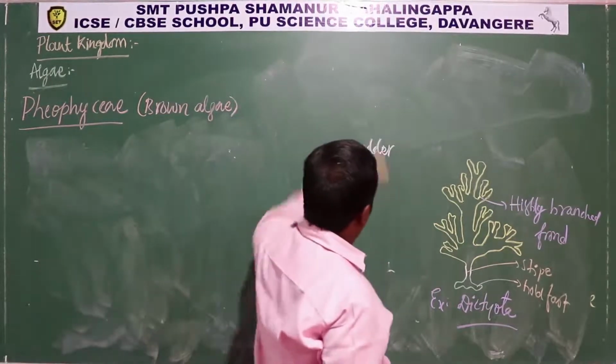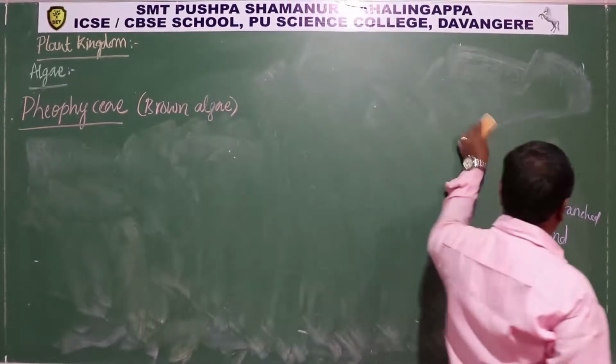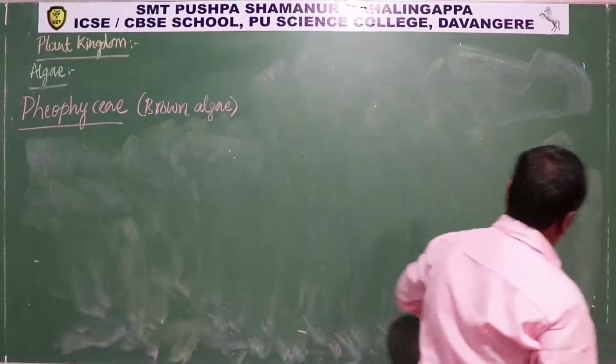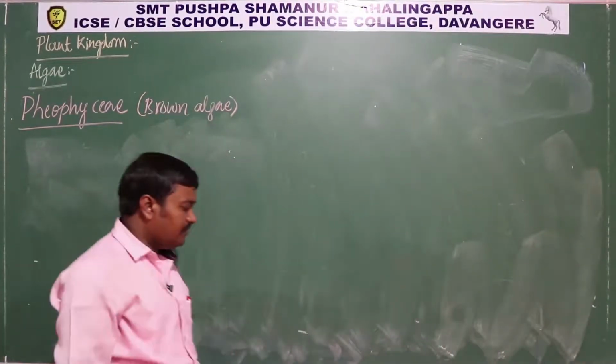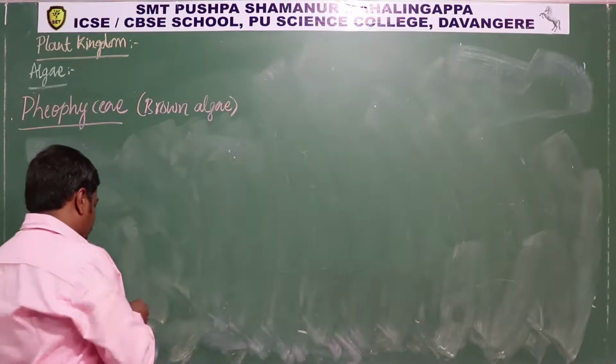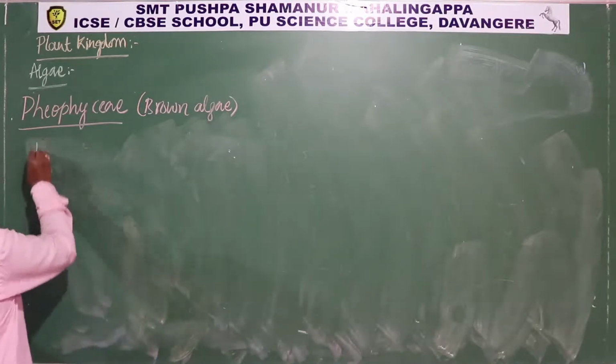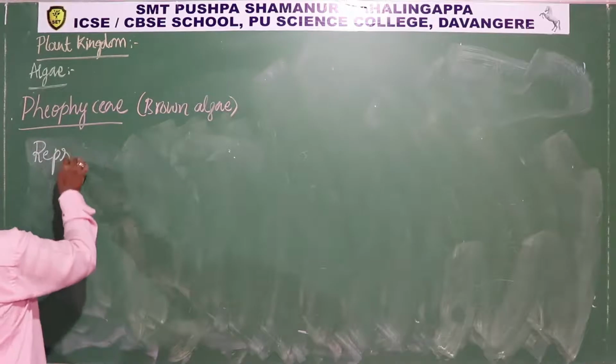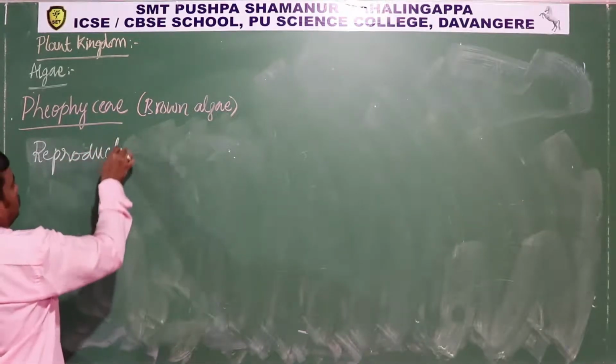Then come to reproduction, how they reproduce. In the beginning, in the general characters, we discussed how they reproduce.